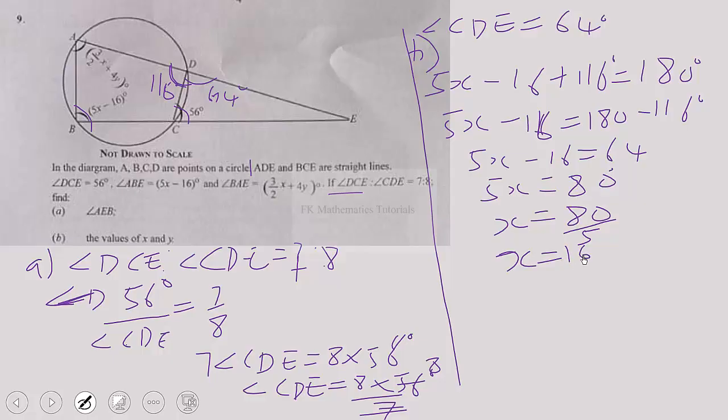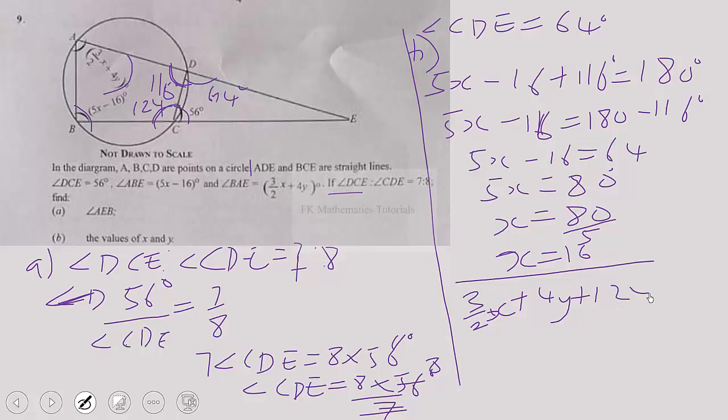Then we're supposed to find y. Again, we know that this angle here and this angle here will add up to 180, opposite angles of a cyclic quadrilateral. So angle 3 over 2x plus 4y plus this angle here, which is 180 minus 56, and that will be 124. So this angle is 124.